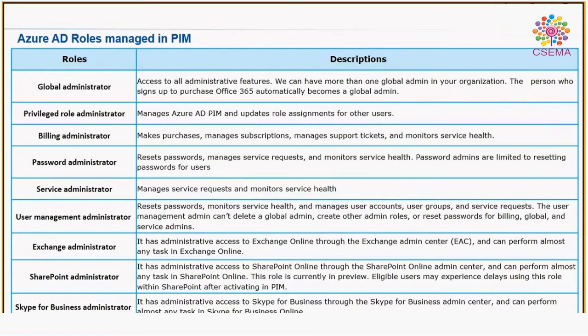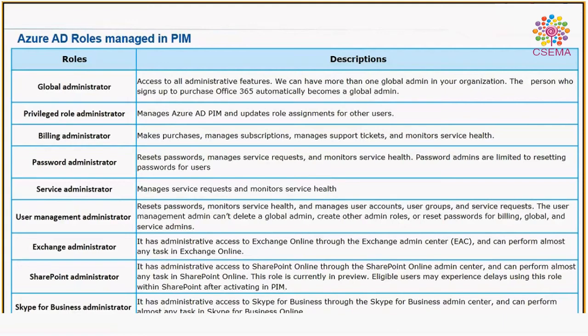Before you implement PIM, say I have some sort of access in Office 365, like Exchange Online or Exchange Administrator. If I'm giving it only into the Exchange admin role in Azure AD, but I'm not giving it in O365 using the admin console, this will not work.